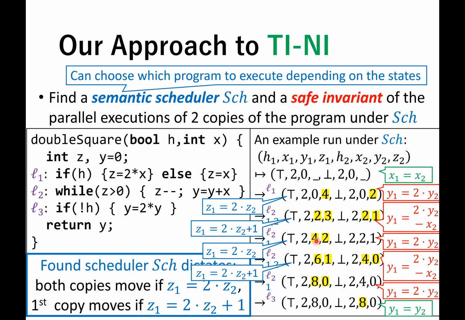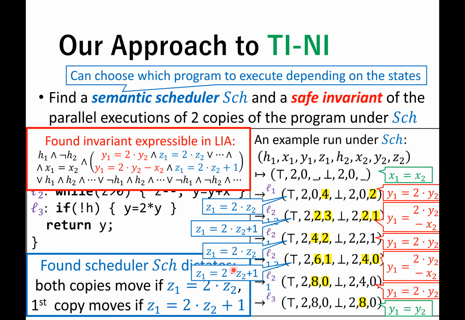So please note that under this condition, this relational invariant holds. And under another condition on z values, another relational invariant holds. By summing them up, we obtain this relational invariant preserved by the scheduler.